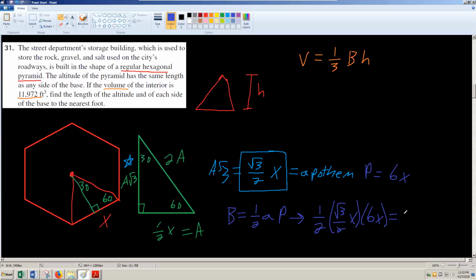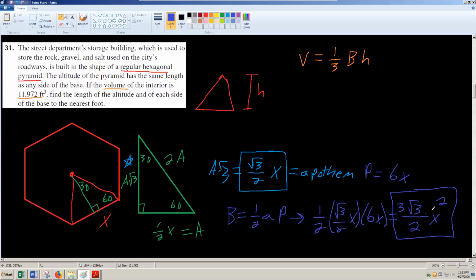So this is going to now turn into 3 root 3 over 2. So again, 1/2, and then 1/2 here is 1/4. 6 over 4 is going to be 3 over 2. So there's my 3 over 2. The root 3 is just coming along for the ride. My values here now, x and x is going to give me x squared. And you can write it in the numerator too. It doesn't really matter. I typically will write it off to the side, but it's whatever. So this is now my base.